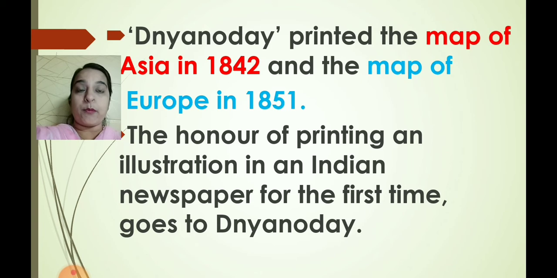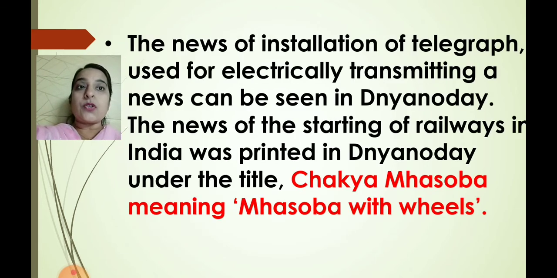Now Nanoday. Now children, Nanoday printed the map of Asia in 1842 and the map of Europe in 1851. So this is also very important. And the honor of printing an illustration in an Indian newspaper for the first time goes to Nanoday. Okay, this all you should remember. The news of installation of the telegraph, used for electrically transmitting news, can be seen in Nanoday.